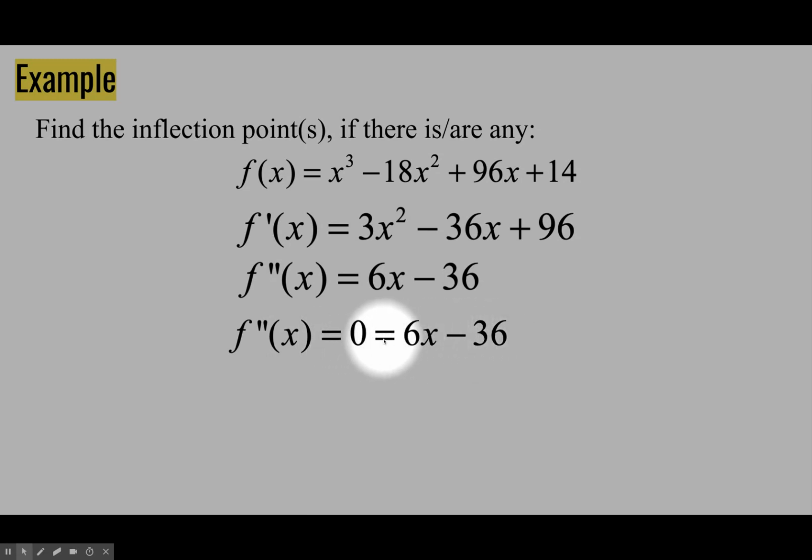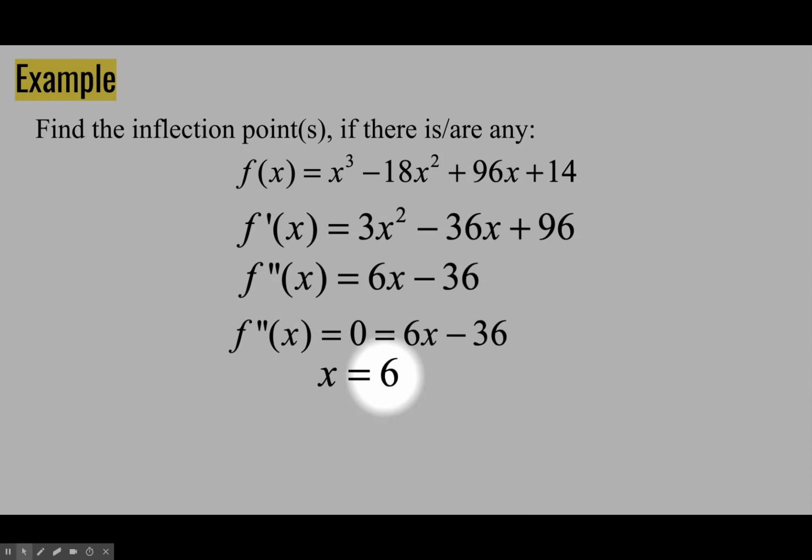If we set that expression equal to 0 and do some quick algebra, you can see that x equals 6 is the only point where the second derivative, 6x minus 36, is equal to 0. So if the sign of this expression is going to change at all, it's going to be right at this point.